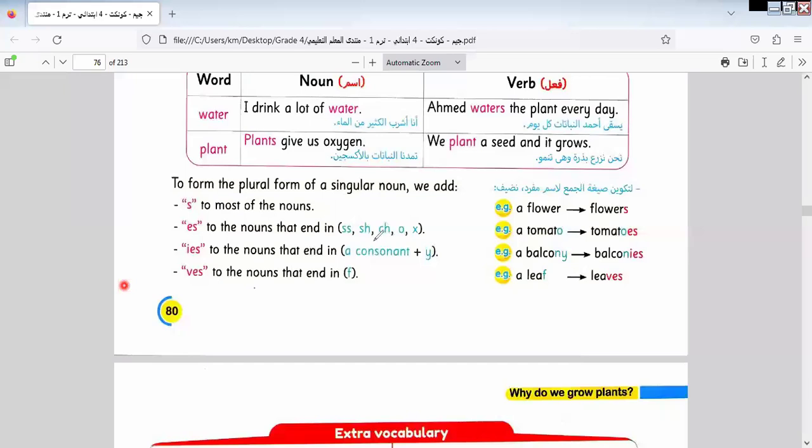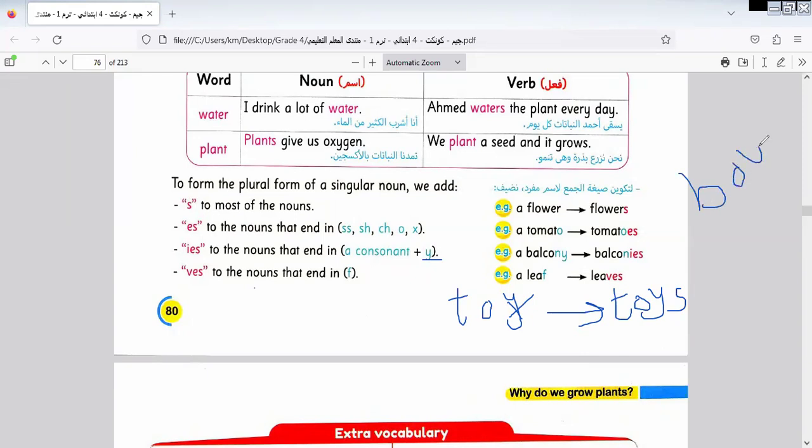Here we have balconies. Here is a consonant sound before y. Now take another noun, toy. Can I omit y here and add ies? No. It will be toys, because here we have a vowel sound before y. Or we say boy, boys.